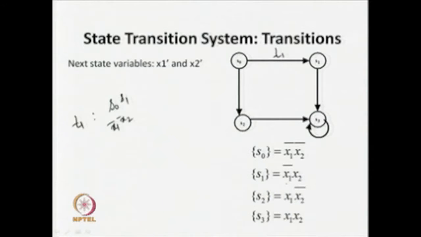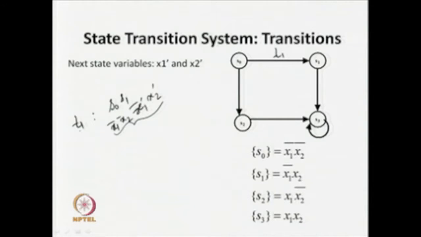S1 is represented by x1 bar, x2. Okay. So, that means this transition I am going to represent as x1 bar, x2 bar, x1 prime bar and x2 prime. Okay. So, you just see that with the help of this combination I am going to represent this particular transition T1.